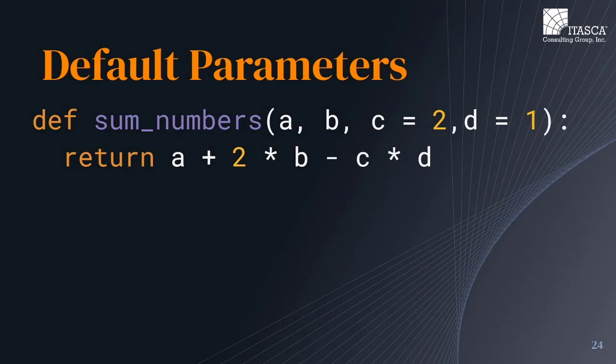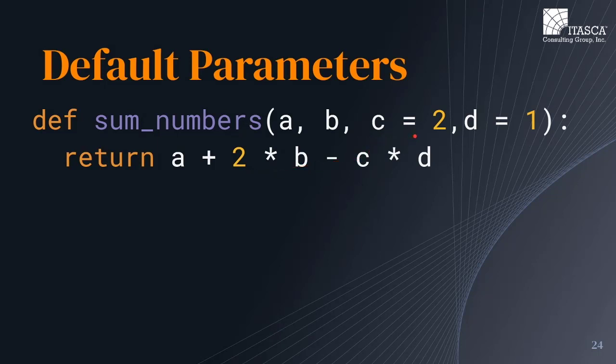Now, an additional feature of functions in Python is default parameters. Default parameters are simply parameters which, if you don't pass a value for them, will have some set value. Typically, if a function requires two parameters and you only pass in one, the program will crash. With default parameters, however, you can avoid that error and still have some sort of generalized behavior.